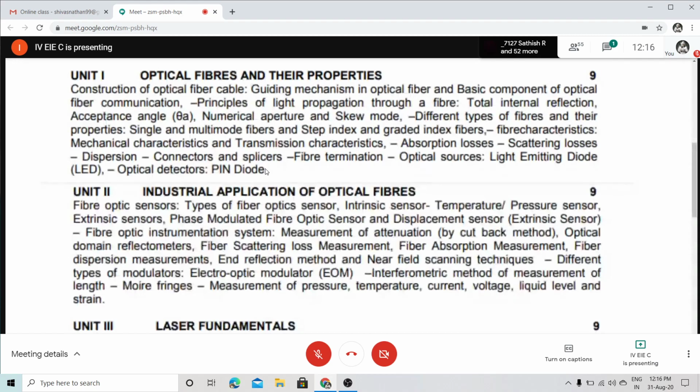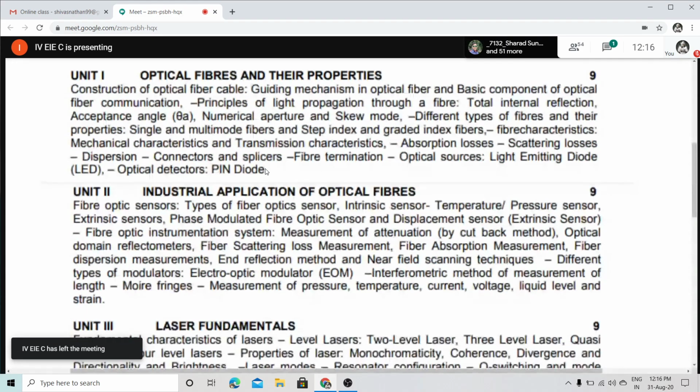So the one who answers will get an extra credit in your fiber optics paper. I will give you 2 marks extra. Whatever the mark you score, I will give you 2 marks extra. Whoever answers what Snell's law is. Sir, refraction, bending of light, sir. Bending of light.